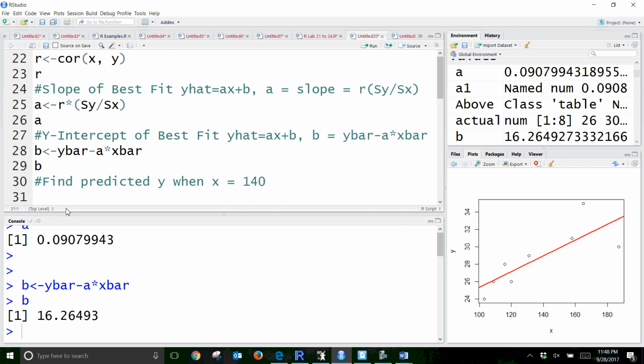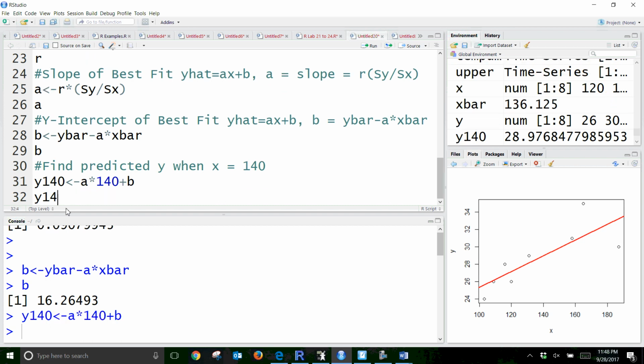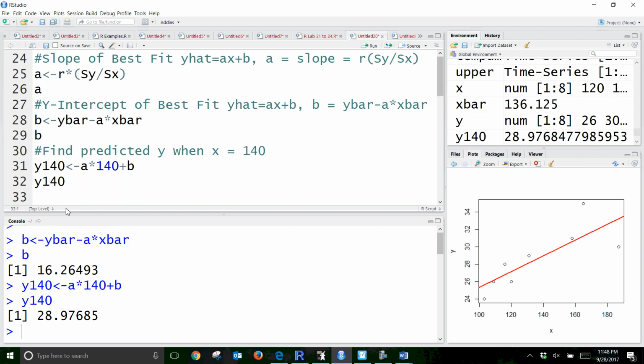So I'll go ahead and call it y 140, and that's going to equal a times 140 plus b. Okay, so about 28.976.